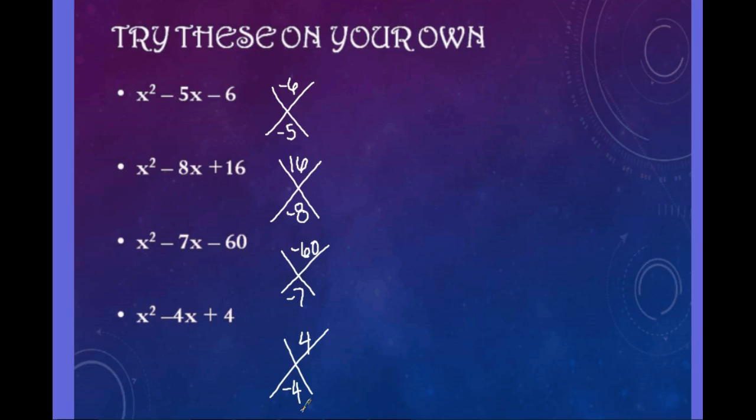So what are factors of negative 6 that add together to give me negative 5? Negative 6 and 1. Very good. So the 6 has to be negative and the 1 has to be positive. So that means I have x minus 6, x plus 1.